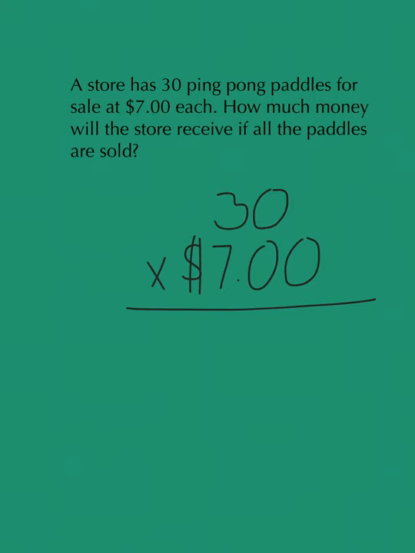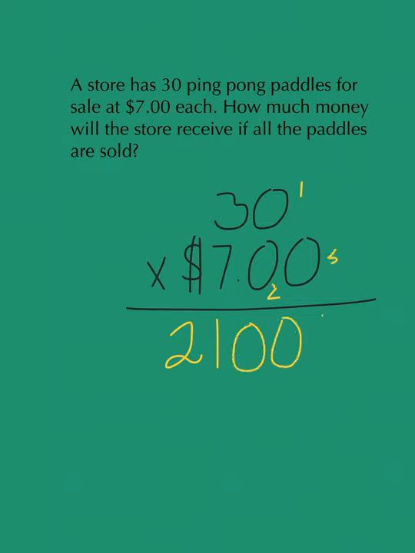Now I'm going to follow the same process we've been using, and I'm going to multiply together my first digits, which are 7 and 3. 7 times 3 equals 21. And I see we have 1, 2, 3 zeros.